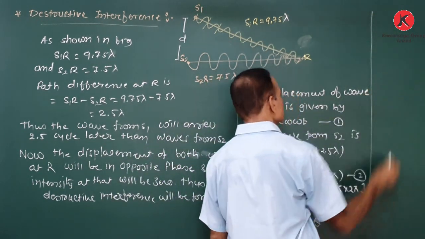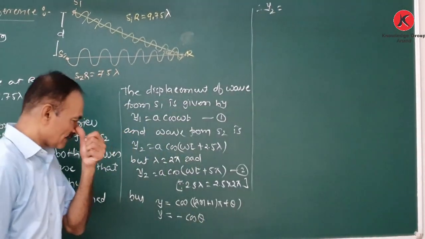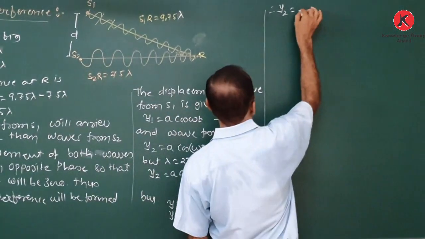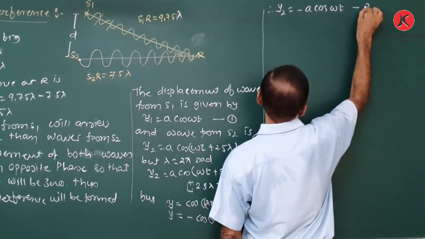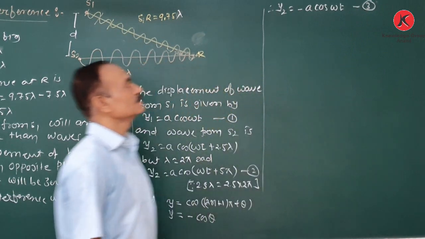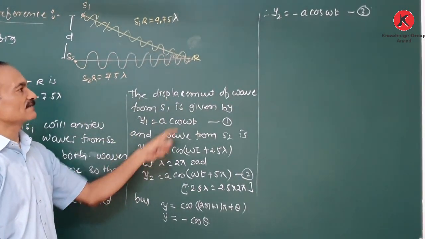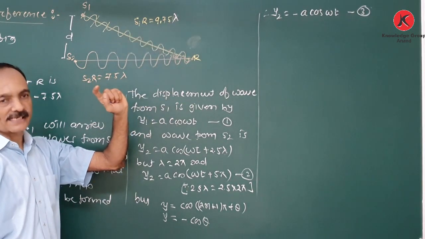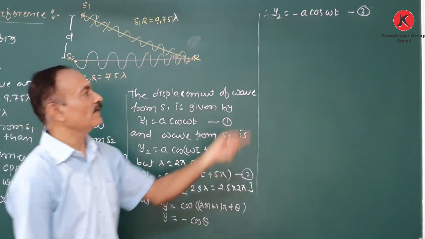Therefore, y2 is equal to minus a cos omega t, equation 3. So here y1 is equal to a cos omega t, and y2 is equal to minus a cos omega t. The negative sign indicates that the phases of both waves are opposite.